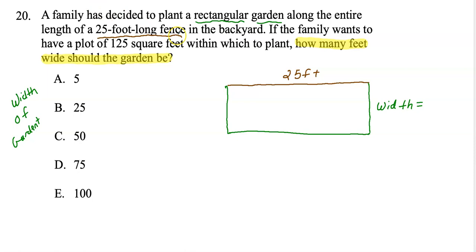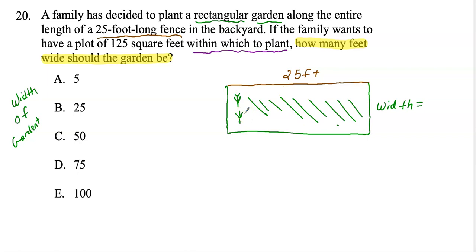It says the family wants to have a plot of 125 square feet within which to plant, right? So they're going to be putting plants inside of here. It's an awful picture. But we're putting the plants on the inside of the garden. We're not going to put plants along the border of the garden because it says within which to plant.